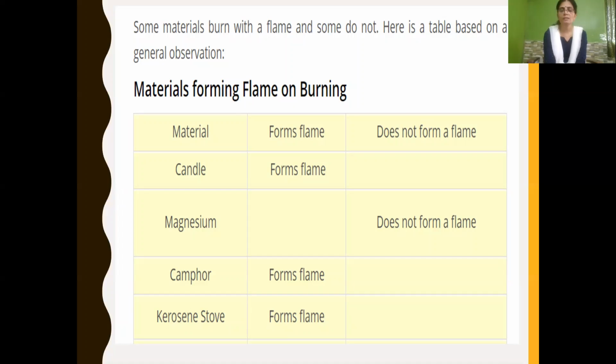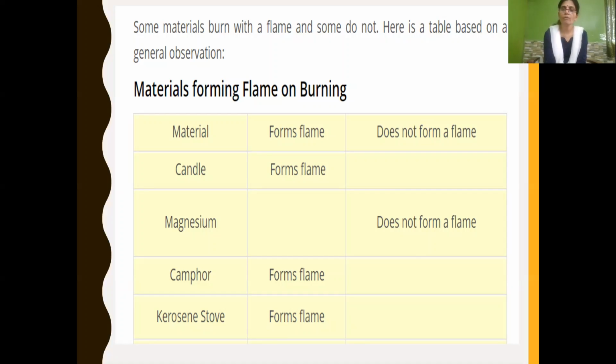Here you can see the table of materials which form flame while burning and which do not form flame while burning. Candle forms a flame while burning, isn't it? Then magnesium, when you burn a magnesium ribbon, it burns brightly, isn't it?